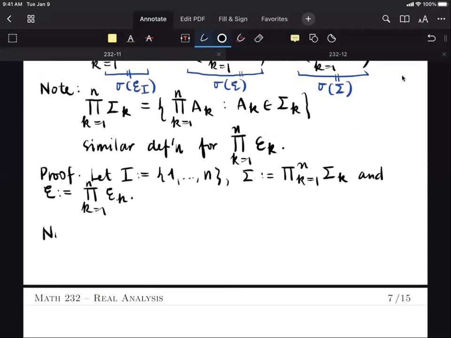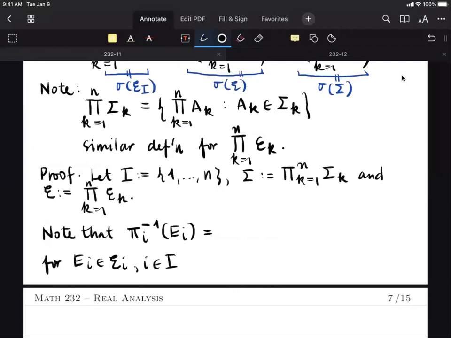Okay, so let's start with the following note. Note that we can write the inverse image of the projection of E_I, for E_I in the generator and I in capital I, as the union over m from 1 to infinity of the following Cartesian products.